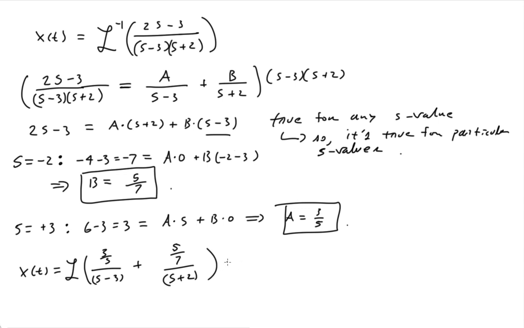Okay, so I can use the linearity property. That's 3/5 times the inverse Laplace transform of 1 over s minus 3 plus 5/7 times the inverse Laplace transform of 1 over s plus 2.